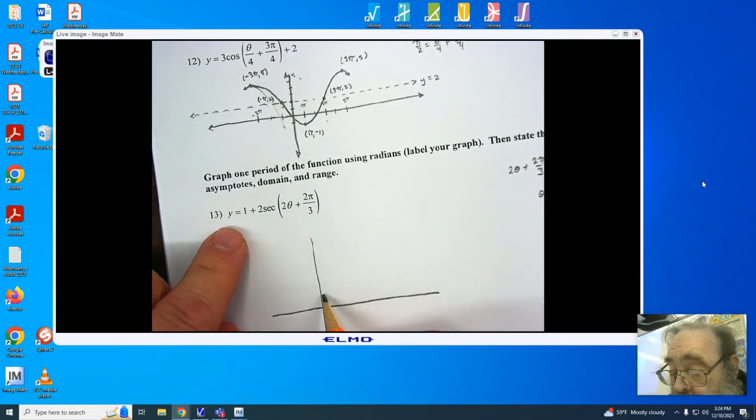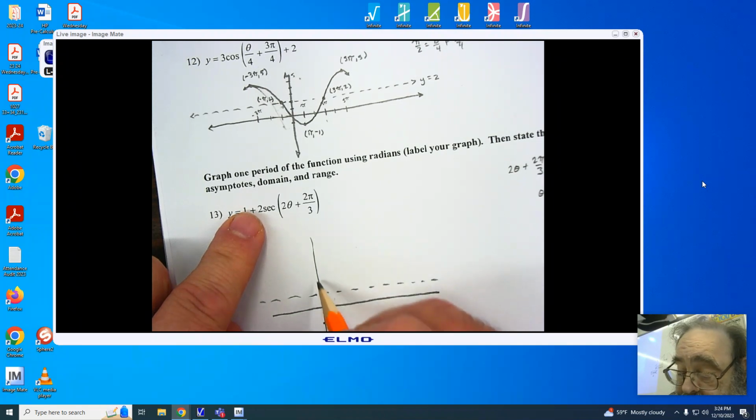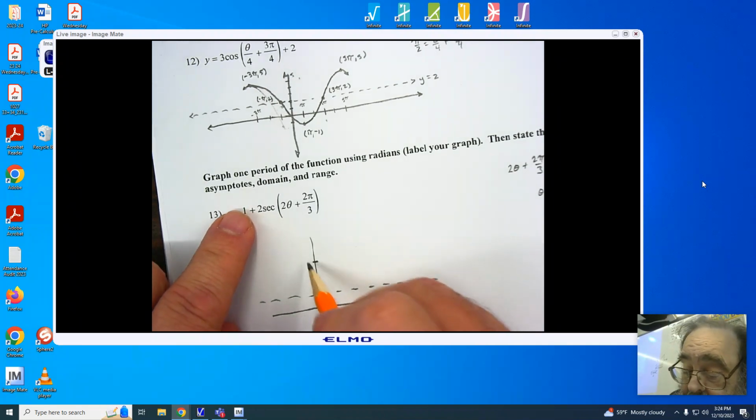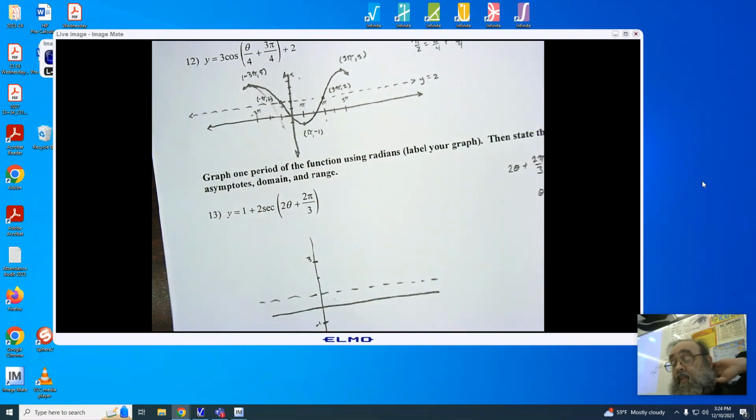Center line is up 1. Then I have an amplitude of 2, so up 1, down 1, or up 2, down 2, going between 3 and negative 1 now. I'm going to put in my negative pi over 12 and then add 12, a total of 12 of them as I go across.